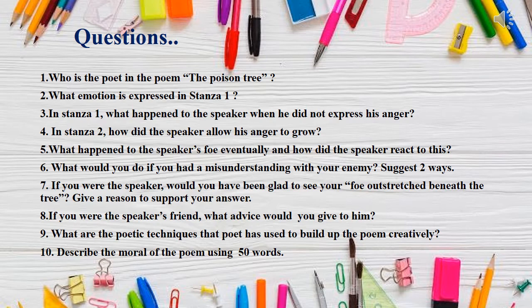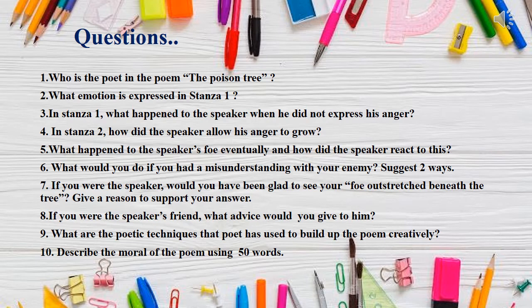Okay students, these are the questions that you have to answer. First one, who is the poet of the poem The Poison Tree? What emotion is expressed in stanza 1? In stanza 1, what happened to the speaker when he did not express his anger?